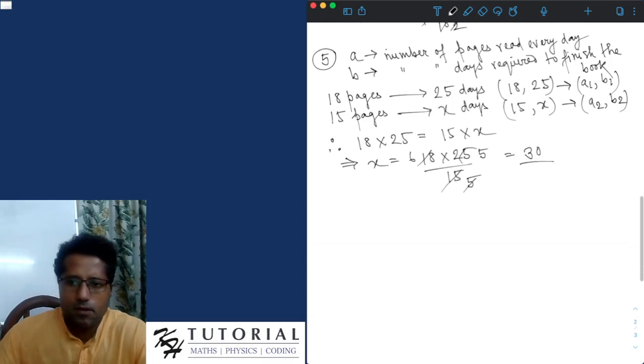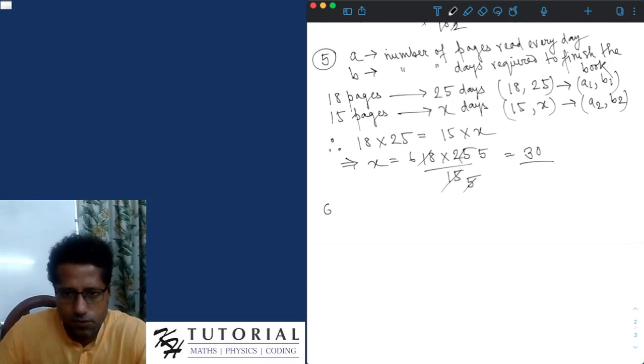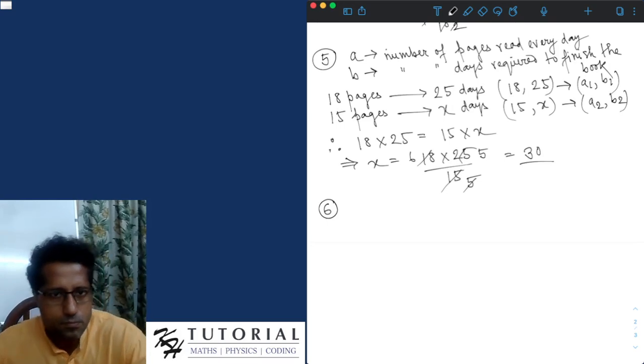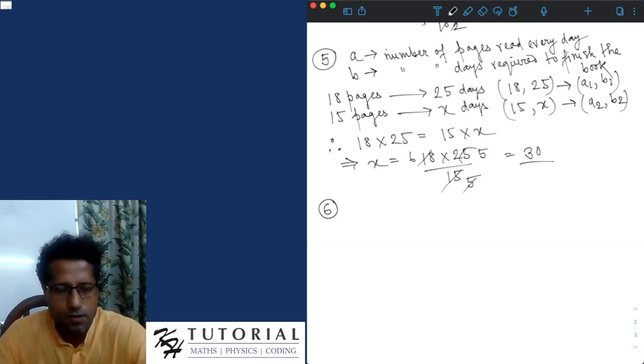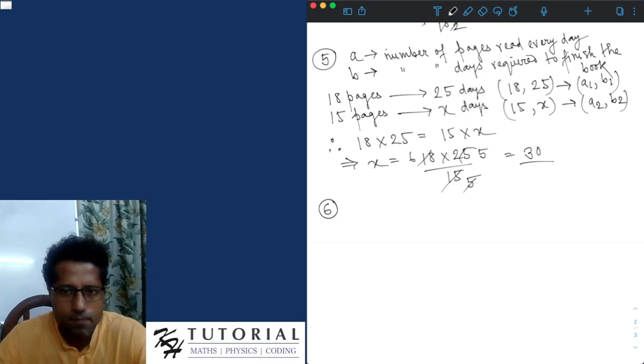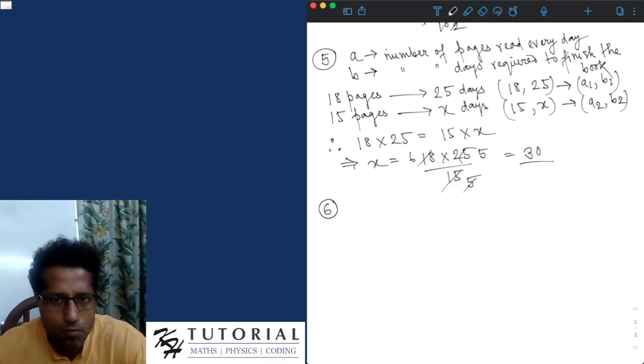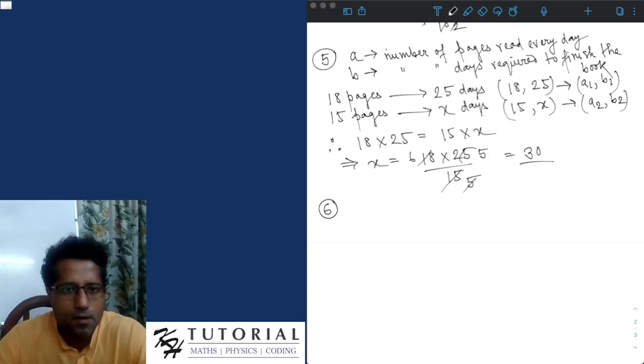Okay, let's solve question number 6. Question number 6 says that Rita types 40 words per minute and takes 24 minutes to type a certain document. Her friend Geeta has a typing speed of 48 words per minute.